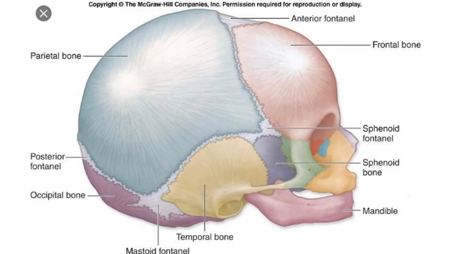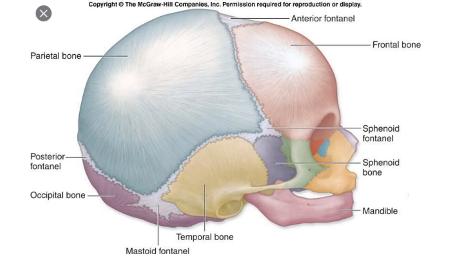Then what happens? Blood vessels come in, and it starts the process of ossification, that is changing cartilage into bone, and the process is going to expand, and this is called the primary ossification center.